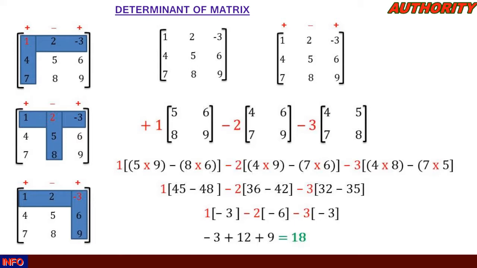We covered how to find the determinant of a 2 by 2 matrix, and then the determinant of a 3 by 3 matrix. For the 3 by 3 matrix, we talked about 2 methods that one can use: the rule of Sarrus and the first principle. All right? Yes. Now let's take another one.